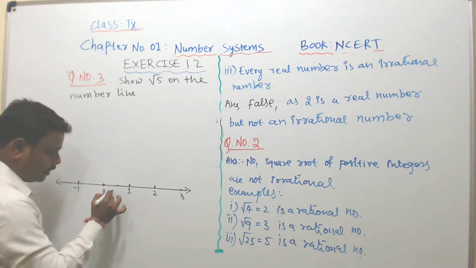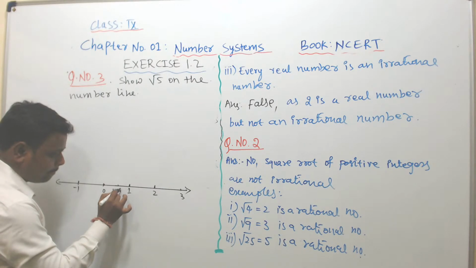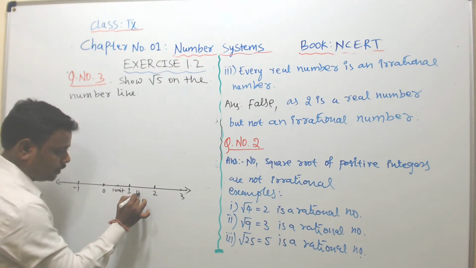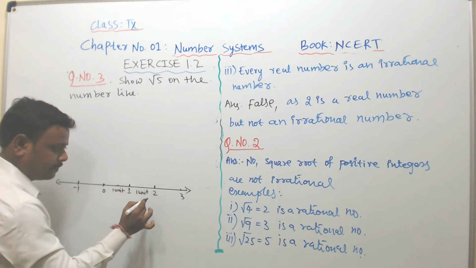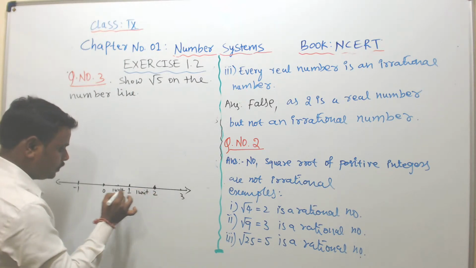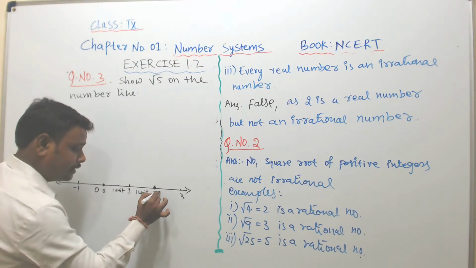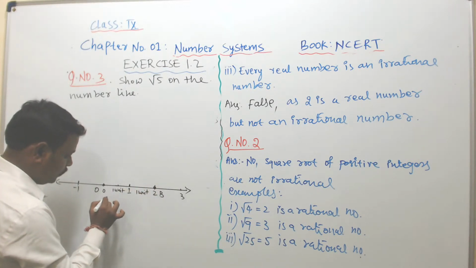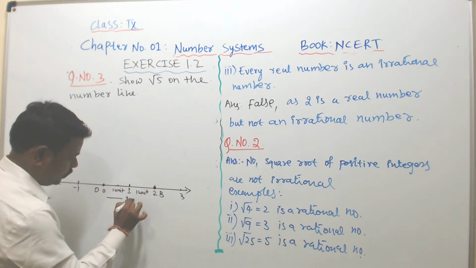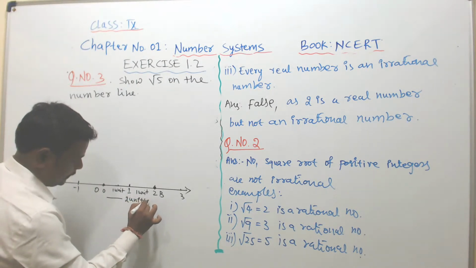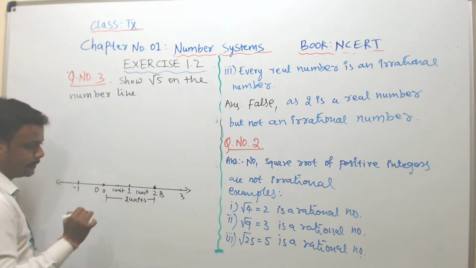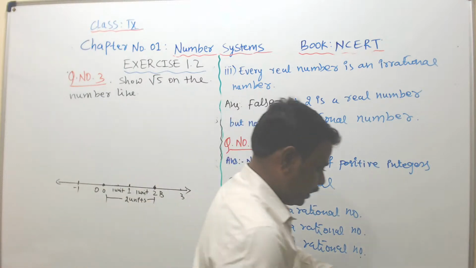So here to here is 1 unit, and this is 1 unit. Consider this point as O and this as B. So here to here is 2 units.